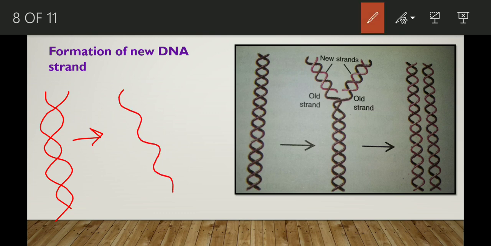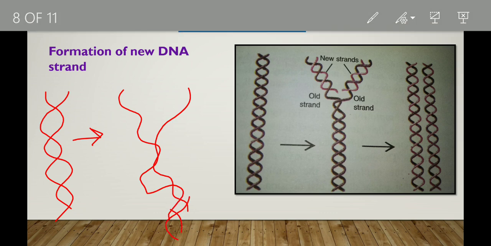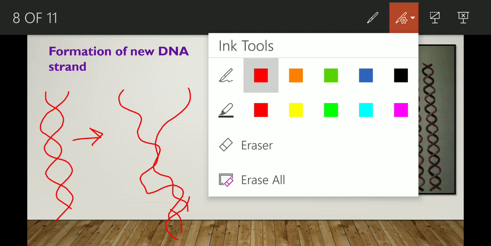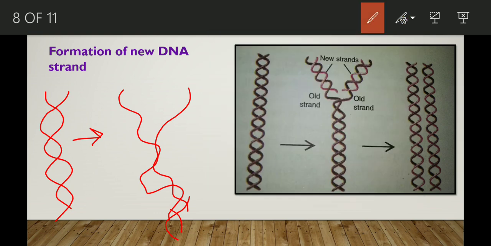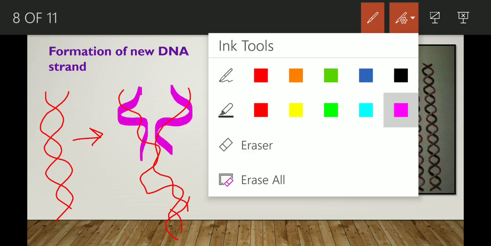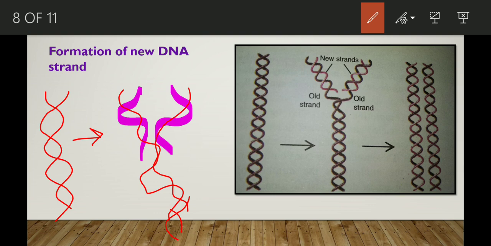Suppose this is the old strand. Along with the old strand, what will happen? A new strand will be formed. See, this is the new strand that is forming. So the pink one is the new strand and this is the old strand.